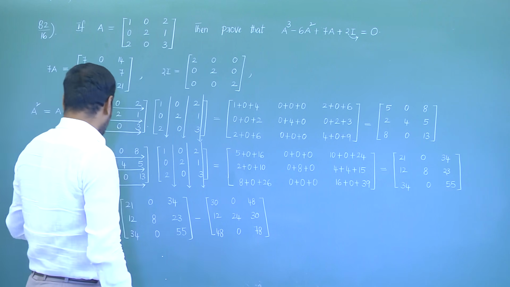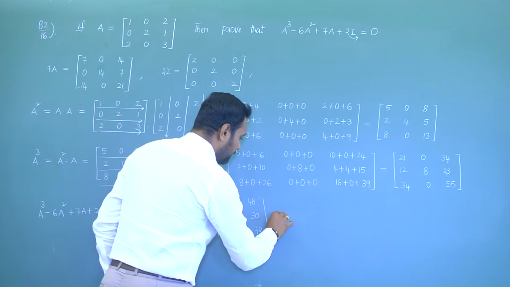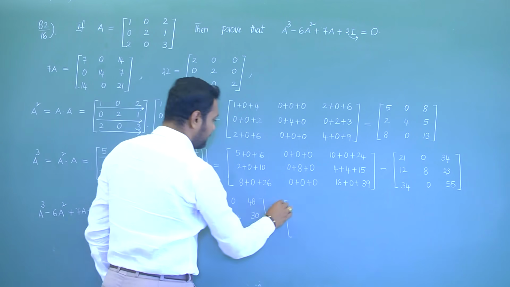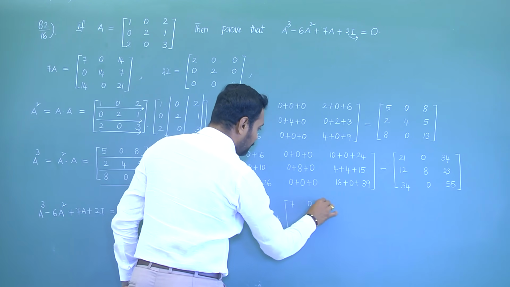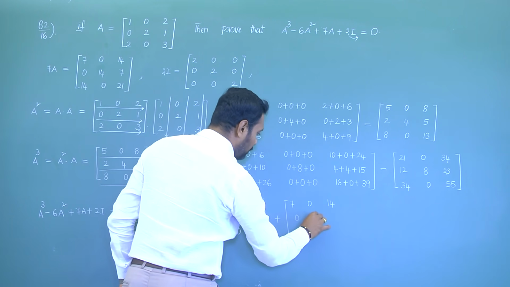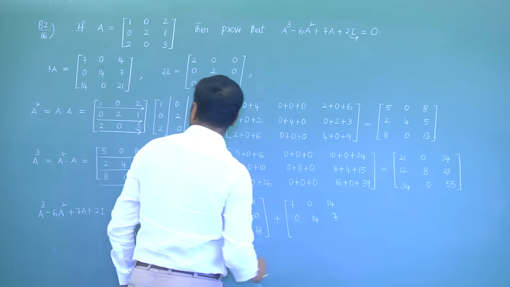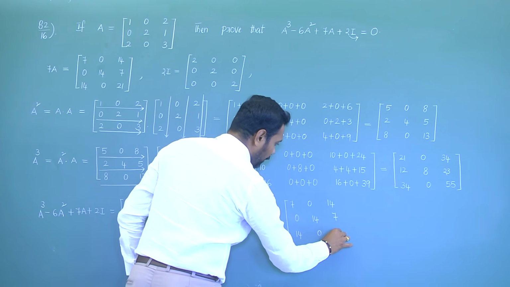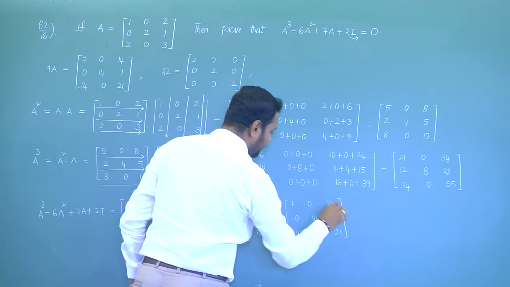Next, plus 7A. 7A we already calculated in the first step, it is 7, 0, 14, 0, 14, 7, 14, 0, 21.